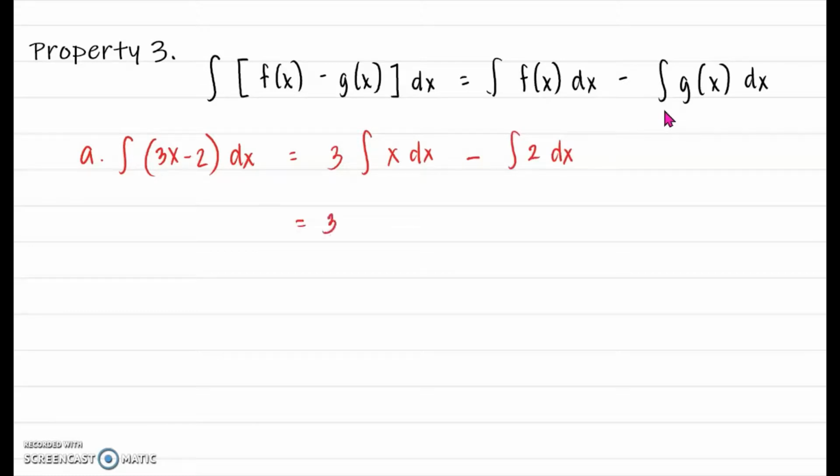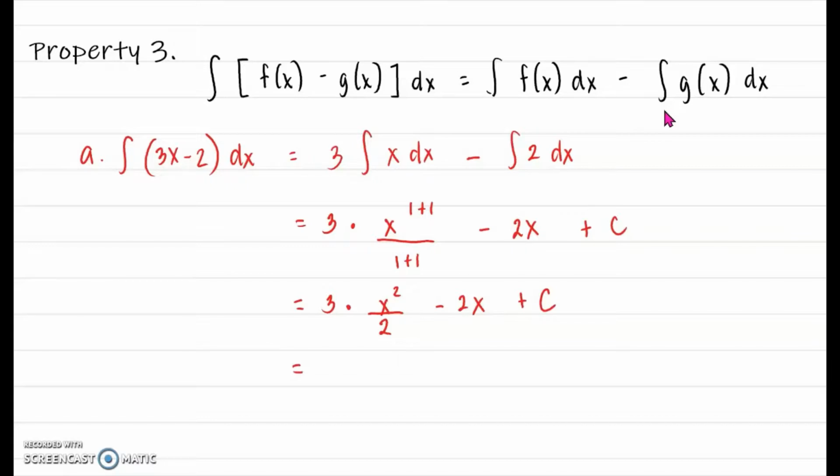So that would be 3 times x raised to 1 plus 1 over 1 plus 1 minus the integral of 2 with respect to x, following our constant rule, is just 2x plus c. Add your exponents, so you have 3 times x raised to 2 over 2 minus 2x plus c.